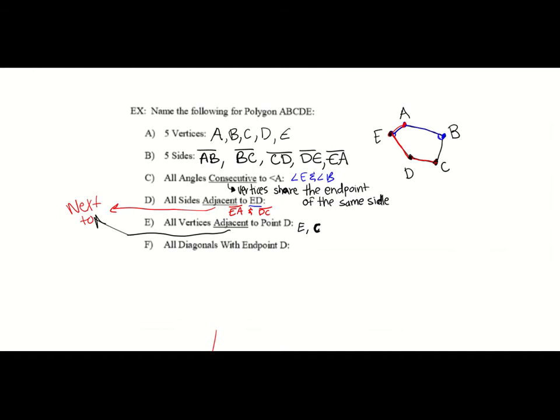And then F asks for all diagonals with endpoint D. So a diagonal in our polygon is a line that goes from a vertex that is not adjacent. So I'll write that down. Diagonal. It's a line to our point from a vertex not adjacent.